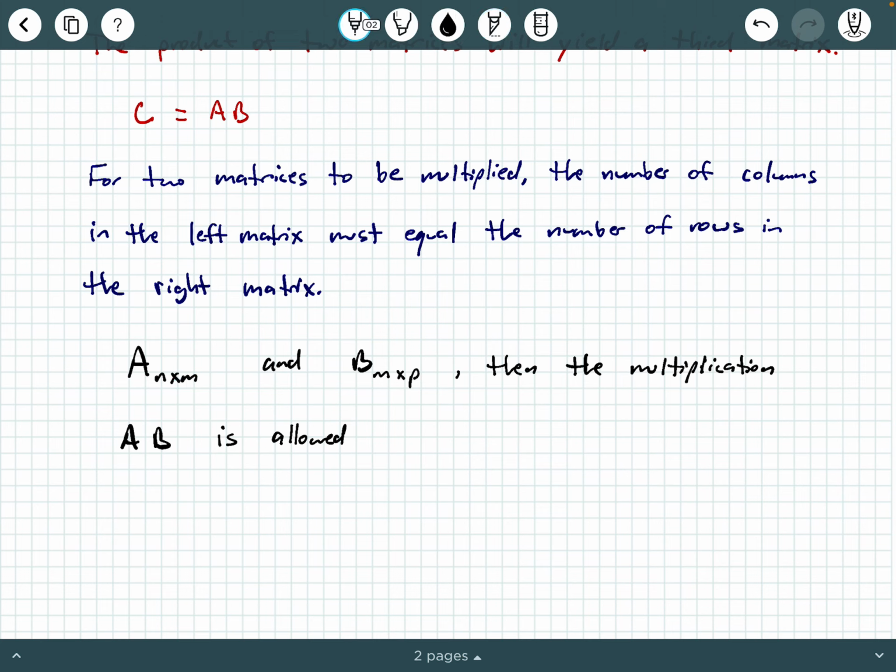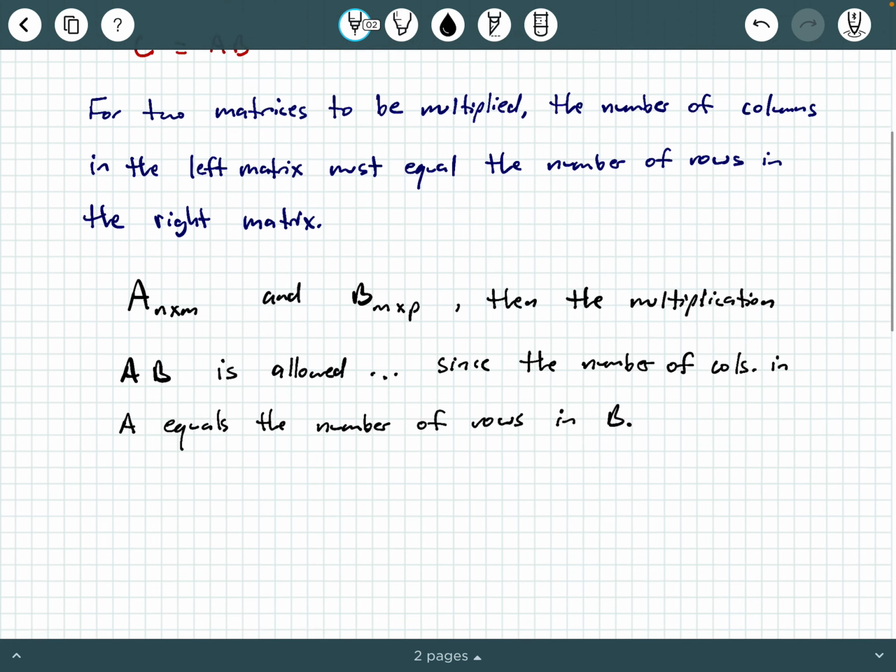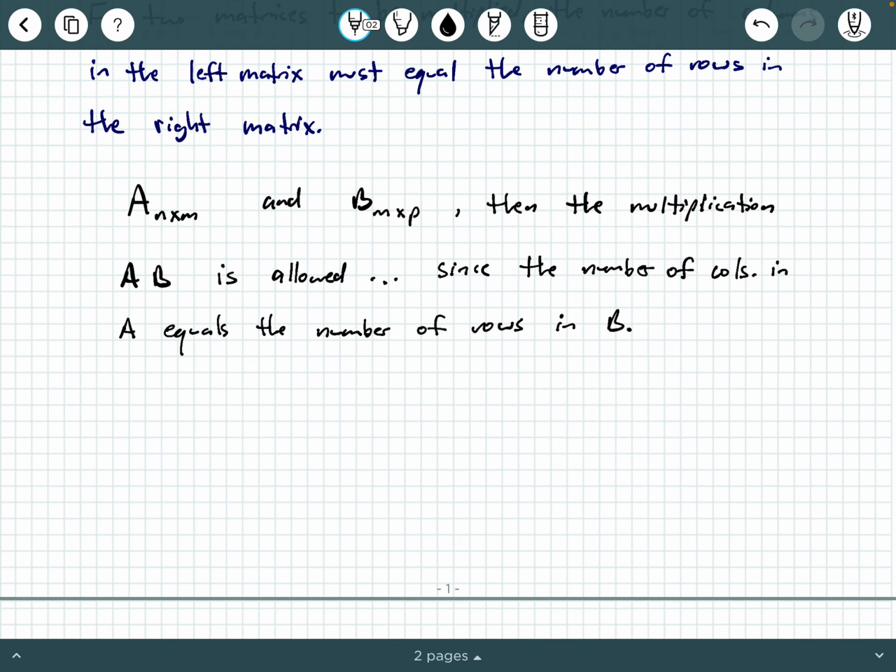So we can put: is allowed since the number of columns in A equals the number of rows in B. What you can do maybe to visualize this is put these two up next to each other with their sizes down in the subscript.